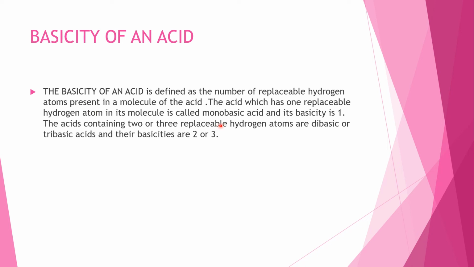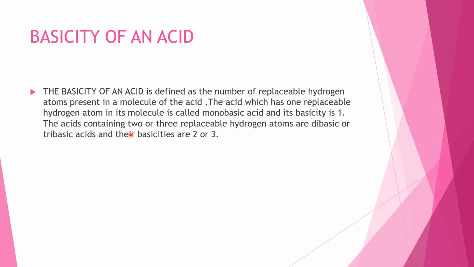For example, HCl and HNO3 have only one hydrogen atom present, so they are called monobasic acids. Basicity is the number of replaceable hydrogen atoms.